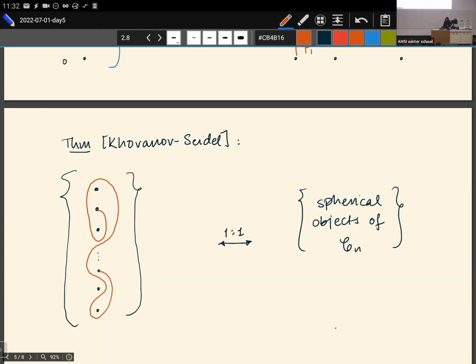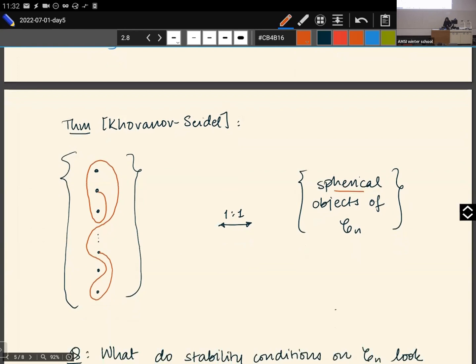And those special objects are called spherical objects, and at the moment, I won't say more about that, just certain objects in the category. But the point is, not only is there a one-to-one correspondence like this, the correspondence is equivariant with respect to the braid group action. So on the left, I can act by Bn plus 1.